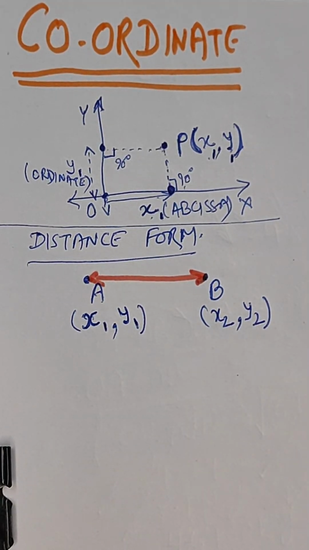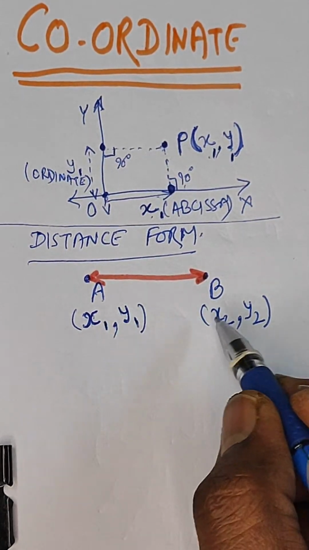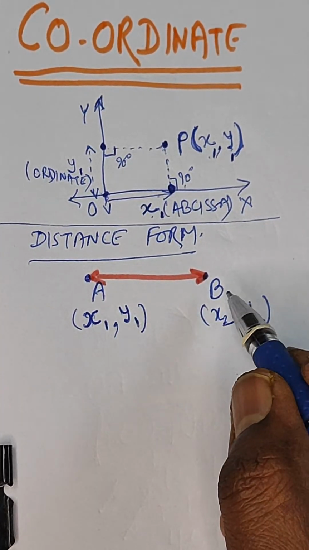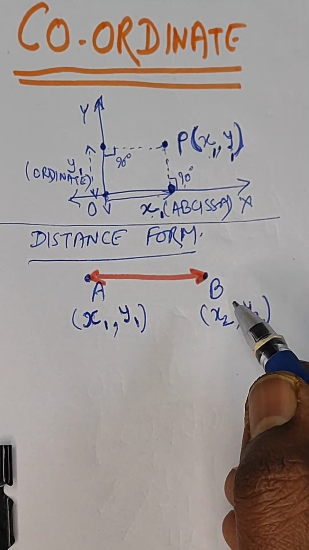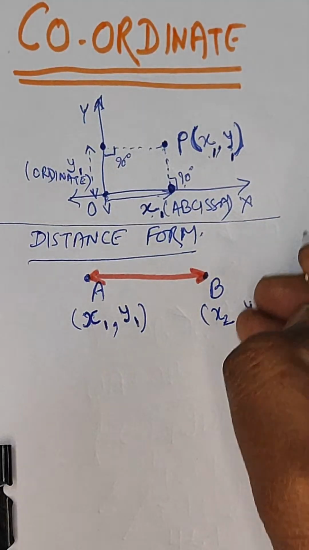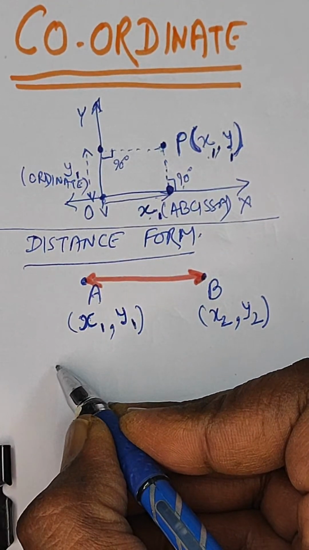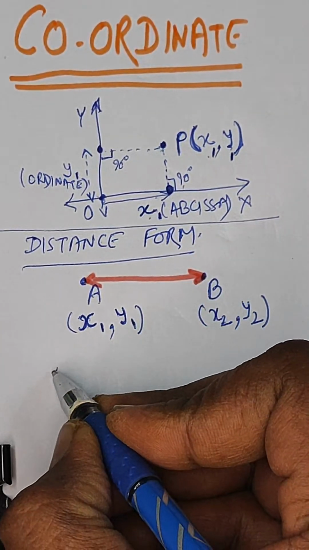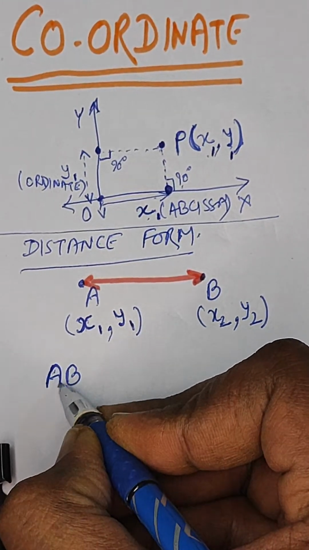It is the difference between the abscissas squared plus the difference between the ordinates squared, and square root over that. So just remember this formula: the distance between AB is given by AB.